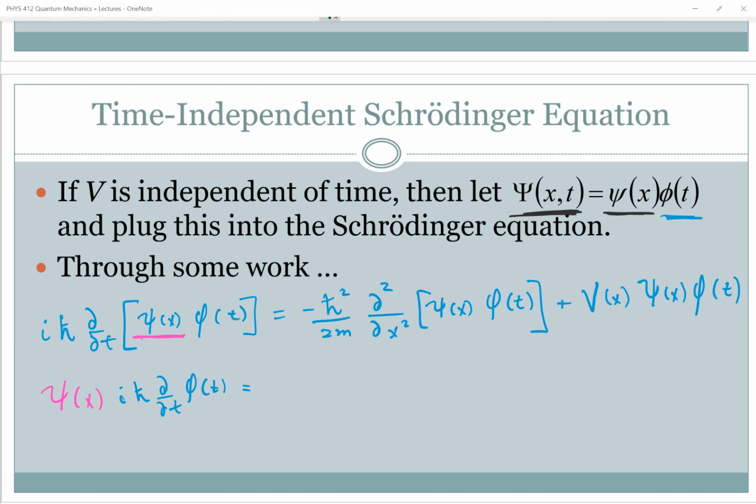Now looking over here, by the way, something that you may or may not have noticed, I'm generally careless about this, uppercase versus lowercase. The full wave function was uppercase psi. The position portion of the wave function is lowercase psi.